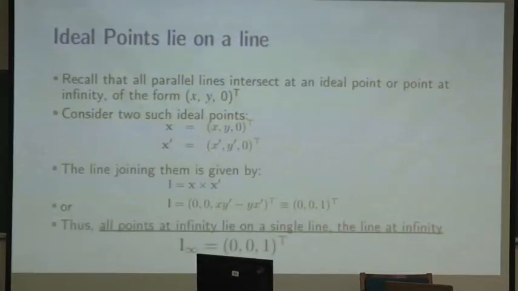Since I took 2 generic ideal points, this holds for all ideal points. Thus, all points at infinity lie along a single line. This line is the collection of all points at infinity, so we are going to call it the line at infinity, L infinity equal to 0, 0, 1.